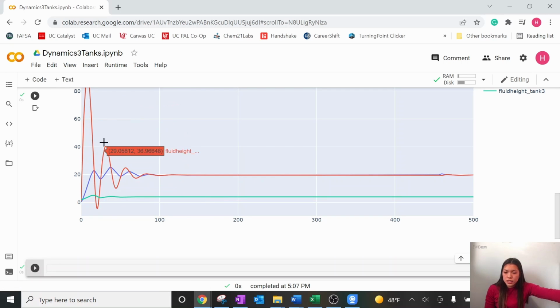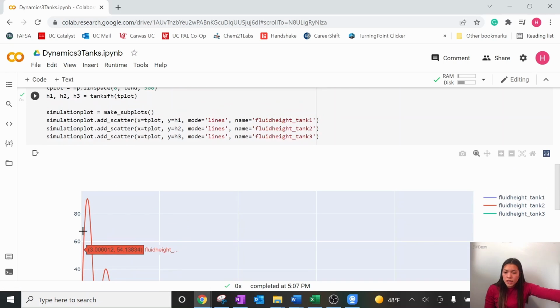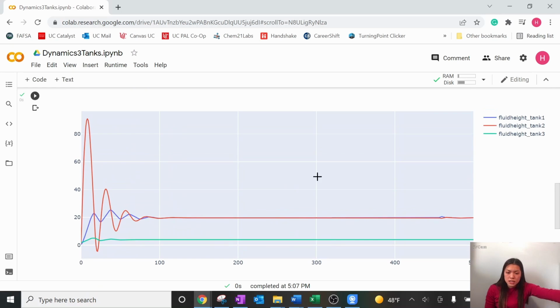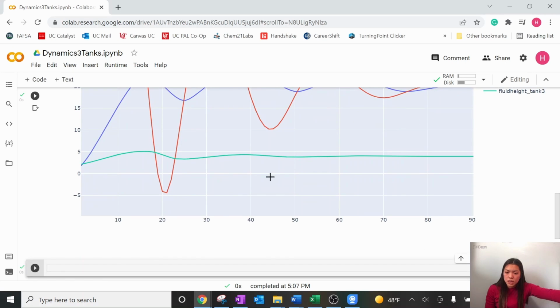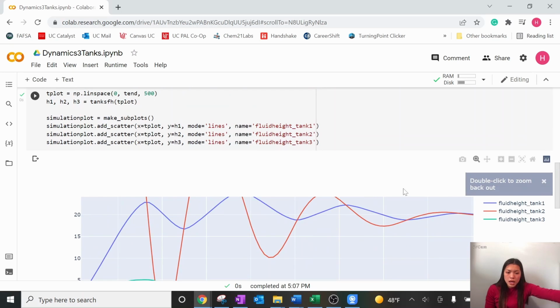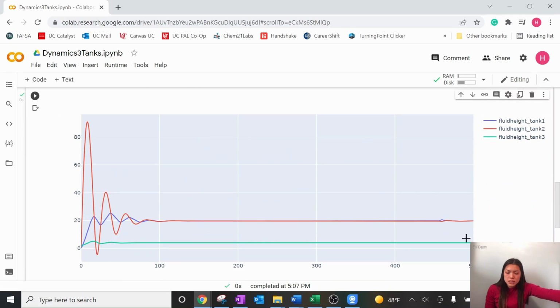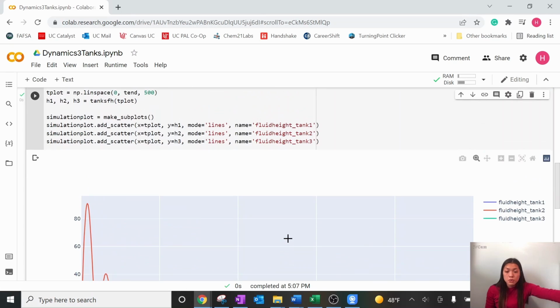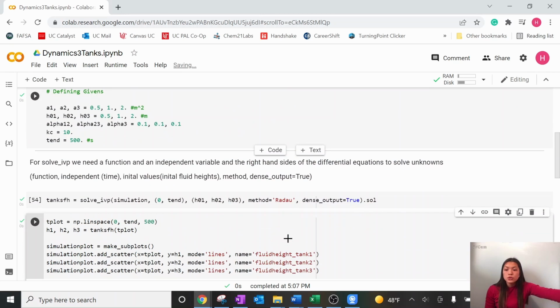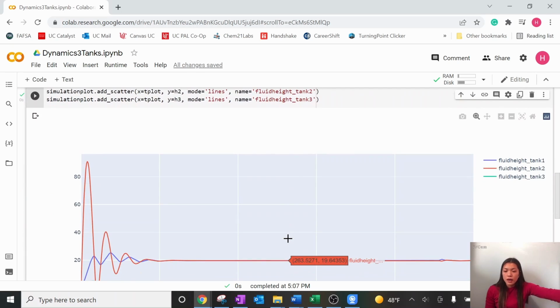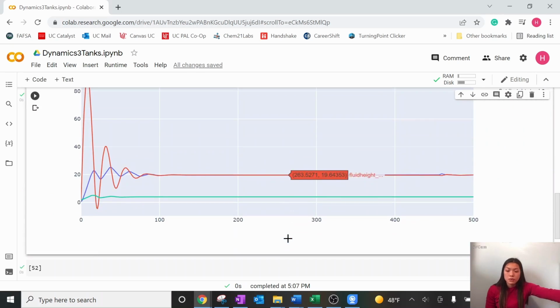And it actually creates all these kind of waves of increasing and decreasing in tanks 1 and 2. And if we look, there's actually the same kind of waves in tank 3. It's just a little smaller, and it will reach its steady state at around 3.9, which is the closest we've gotten to the set point that we would like.